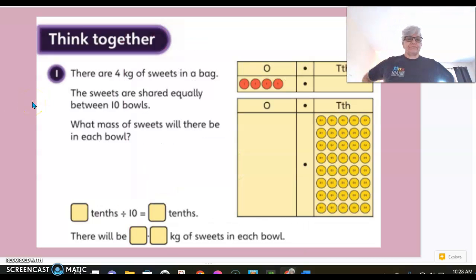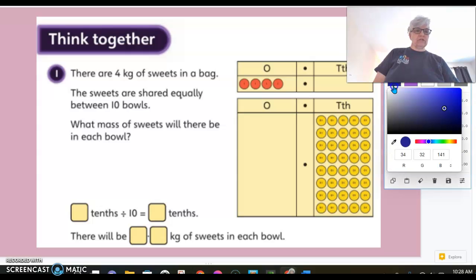Think together. We're going to do the very same thing with this one because we have 4 kilograms of sweets in your bag. The sweets are shared equally between 10 bowls. And you can't divide 4 into 10 unless you make your exchanges, which we're going to do. So we make our exchanges. I'm going to change up our color a bit.